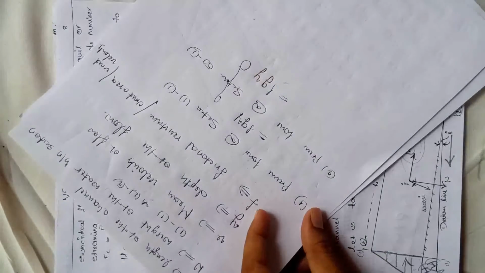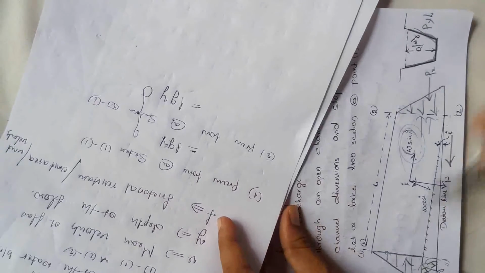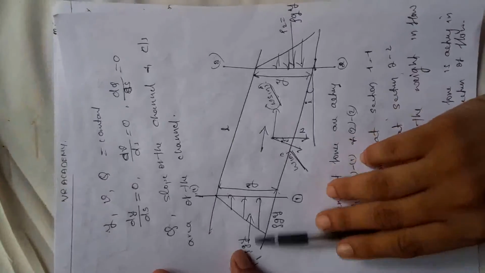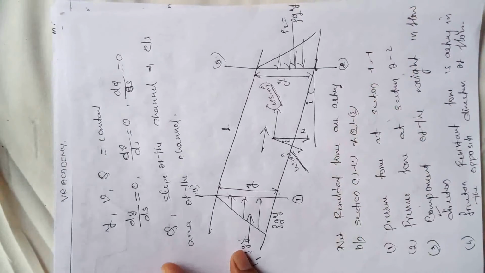Both are equal in magnitude but opposite in direction. P1 acts in the direction of flow and P2 acts in the opposite direction of flow. So the pressure forces at sections 1-1 and 2-2 cancel each other.